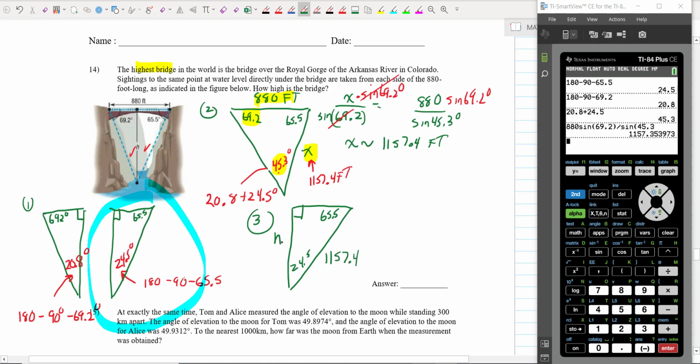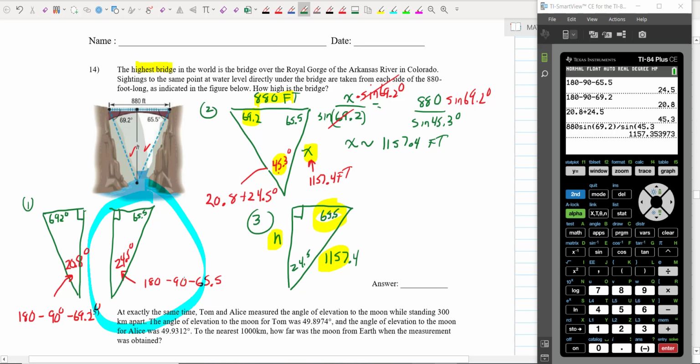So we just need to find that height. And there's enough information to use basic right triangle trig, and there's more than one way to do this. So what I'm going to do is look at this information here, and we're just using right triangle trigonometry now, so we don't need to use law of sines on this, although you could. There's enough information to do it that way too.